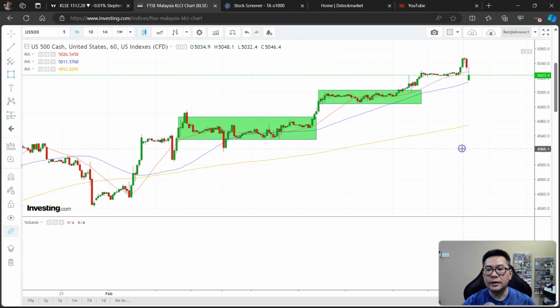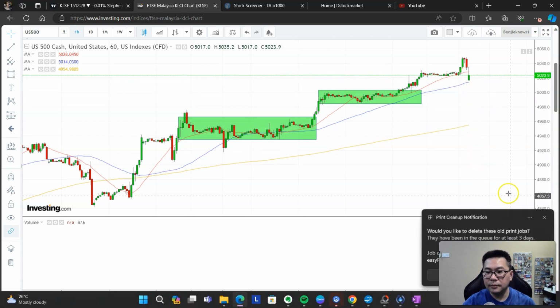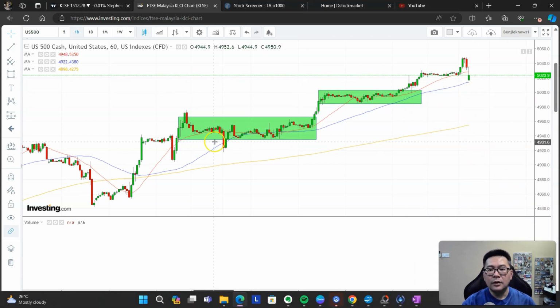Today it opened a bit lower. But the rising 50 MA, rising 20 MA and 200 MA in the 60-minute chart point to a more bullish bias in the S&P 500.